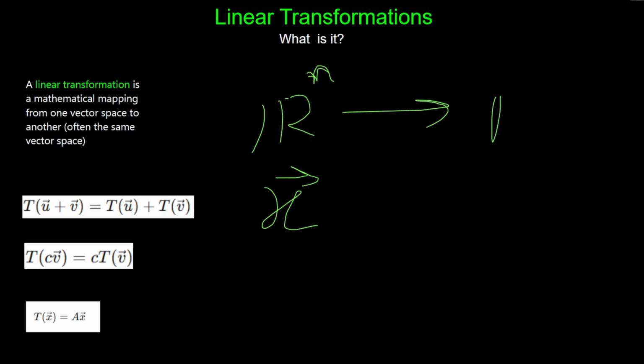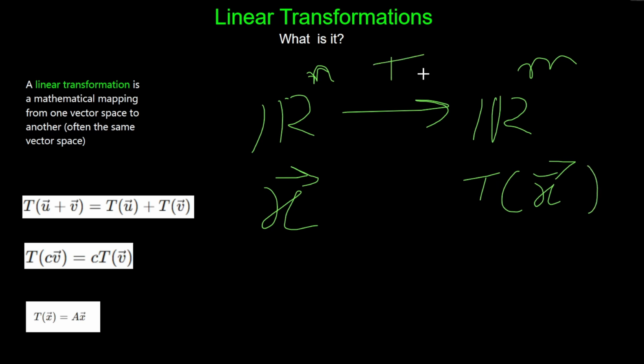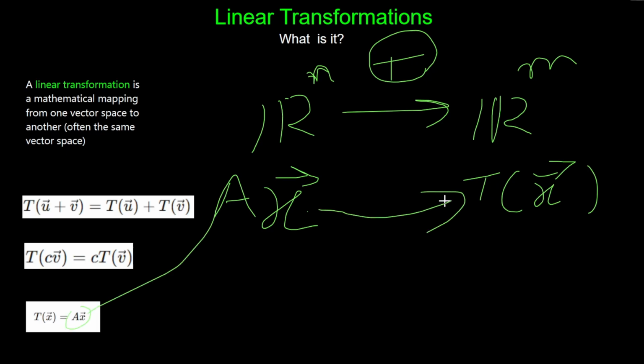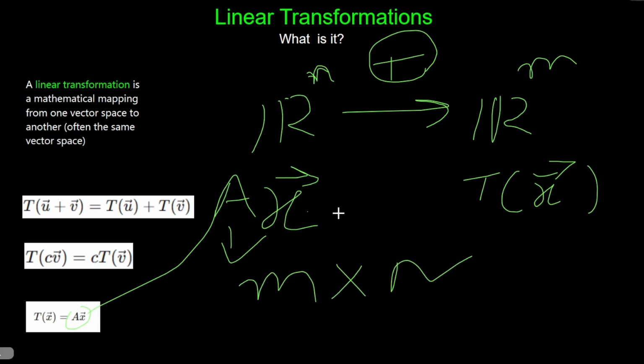This is mapped to vector space M. So this is the transformed vector. The transformation happens with the transformation function, and this can be represented as a matrix multiplication. When multiplied with the matrix A, which is given here, we get the transformed vectors for the vector space. The dimensions of this matrix would be M times N. So that's how we do the linear transformation.